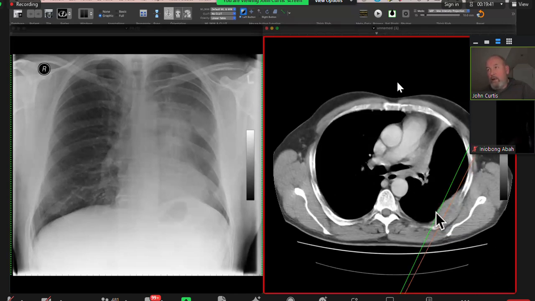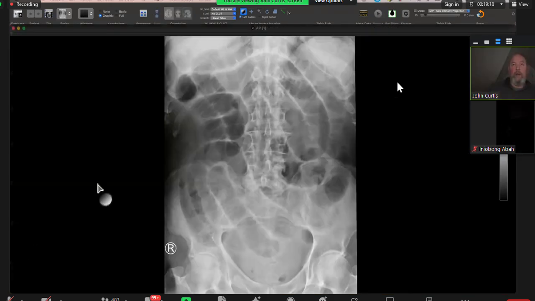The green line is tangential to the interface between the lesion and the lung, therefore it's sharp. And the orange line is at 45 degrees to the lesion and the lung. That's why it fades laterally. So that's the basis of the incomplete border sign. This one you did extremely well.